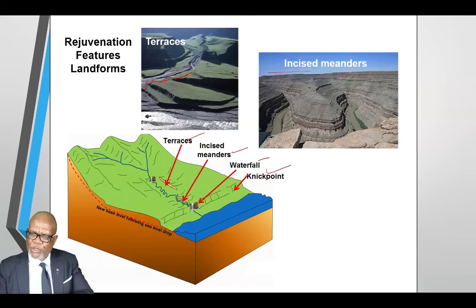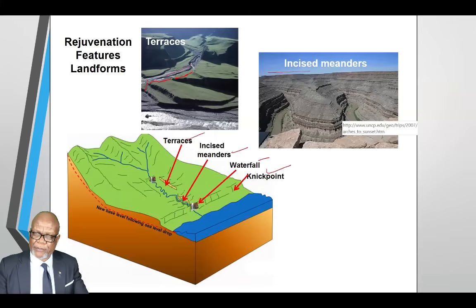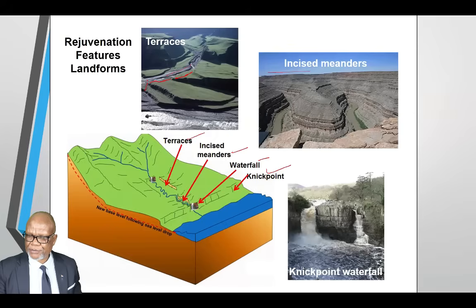So the downward erosion was deepening the meander, and the isostatic uplift was also making the area go higher. But the rate of erosion was higher than the rate of isostatic uplift. That is why the meanders got deeper and deeper because of renewed energy of erosion there.